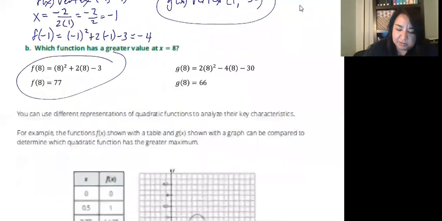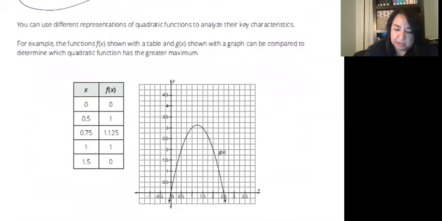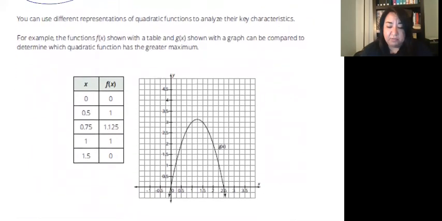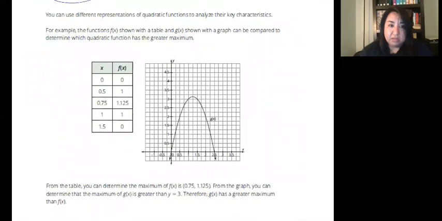But I can also be asked to compare quadratic functions given in two different representations. Before, I gave you two equations, but what if I give you a table and a graph for these two quadratic functions and ask you which one has the greater maximum? By looking at the table, I can see that this appears to be the vertex, because when I move a half below that value and above that value, the y values are equal.